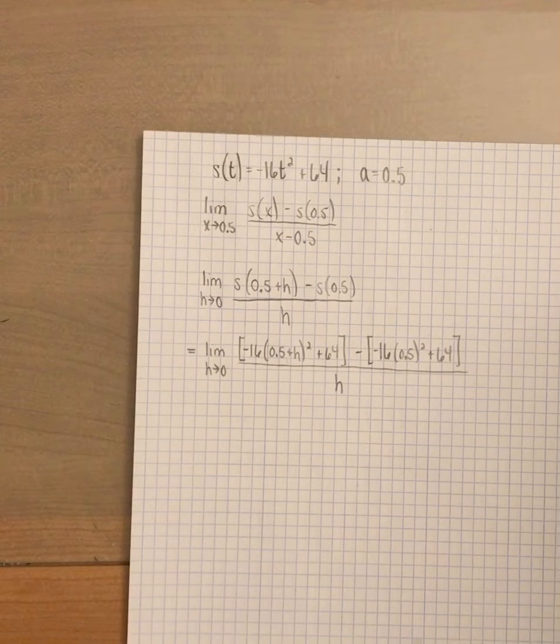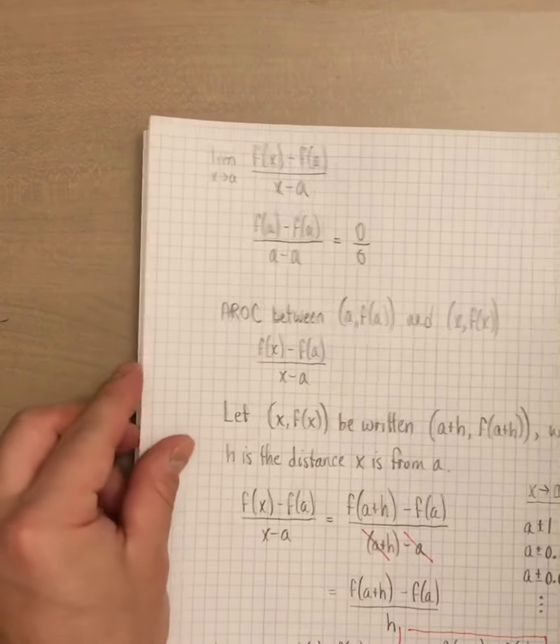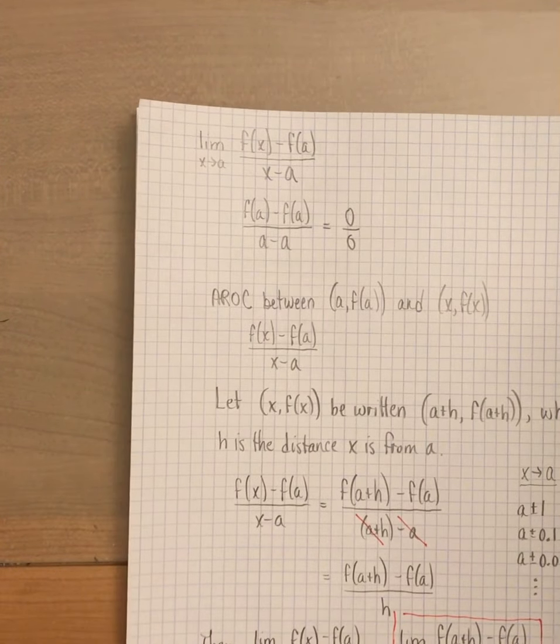So ultimately, what it comes down to is that the limit definition of the derivative that we will be using most often is this. Limit as h approaches 0 of f of a plus h minus f of a all over h. It is an alternative version that suits our purposes better.